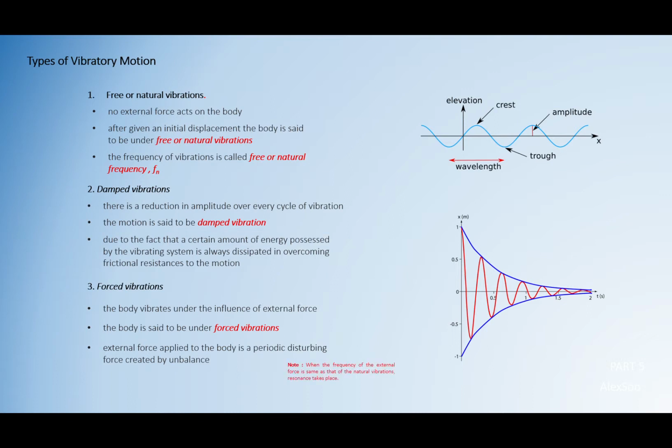I have short notes over that, so we can just take a note. When the frequency of the external force is the same as that of the natural vibration, resonance takes place. We will go into that later on when you are doing your degree.